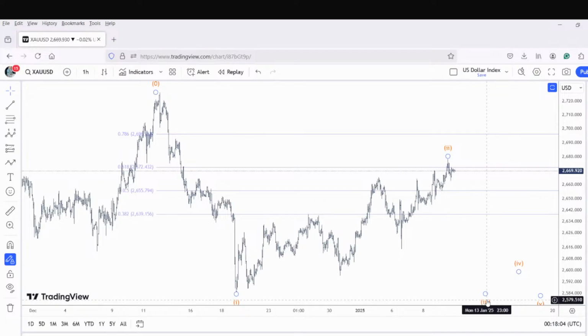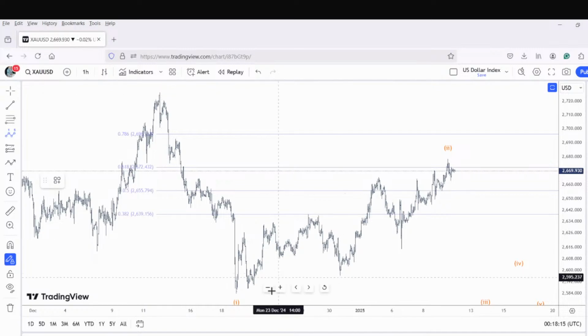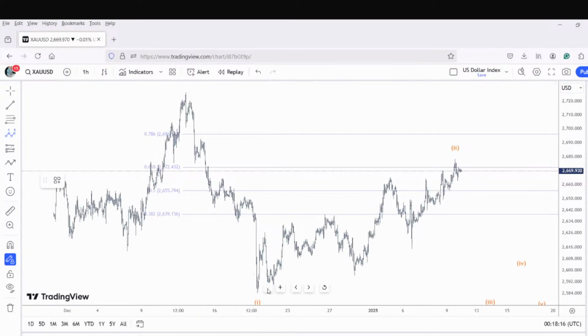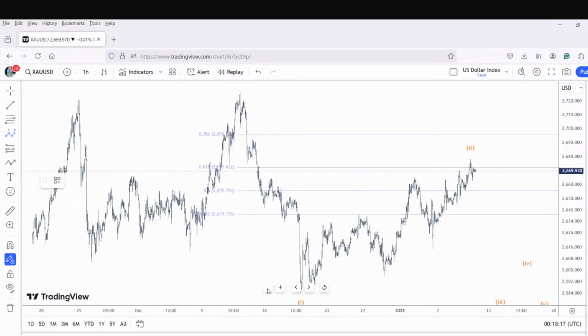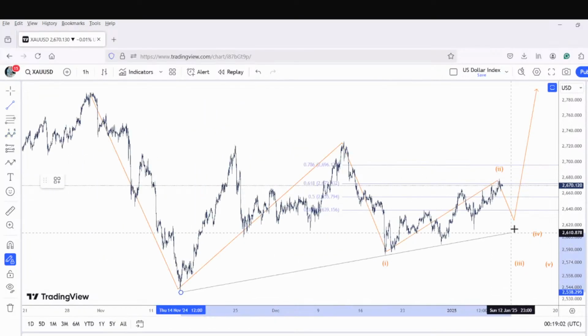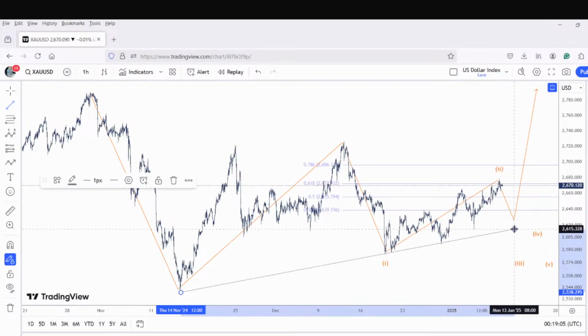Okay, so this is the preferred wave count. The alternate count is coming up on your screens, just in case this is a triangle. I'll have to zoom. Okay, and wave E is expected to drop towards 26.